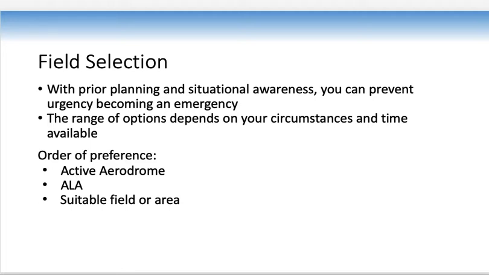So using good command decision making, you can do a PSL, as it does also take about 20 minutes to do. So make sure to decide early on. The order of preference is an active aerodrome, because that's got all the facilities, then an ALA, which could be a private airstrip, and then a suitable landing area, if you can't find any of those.